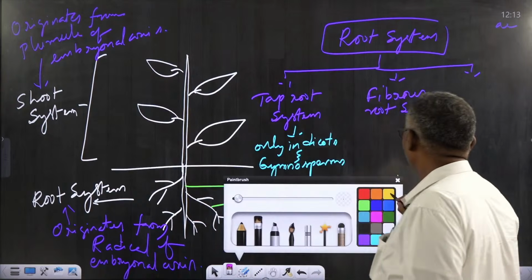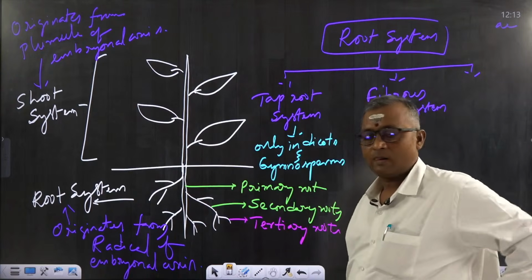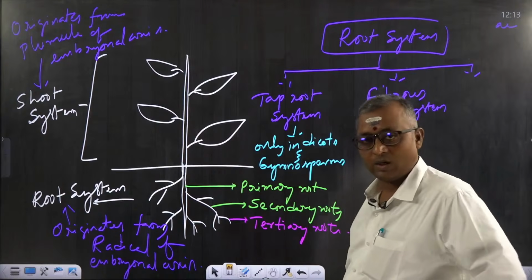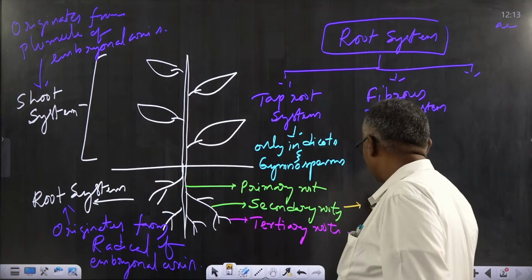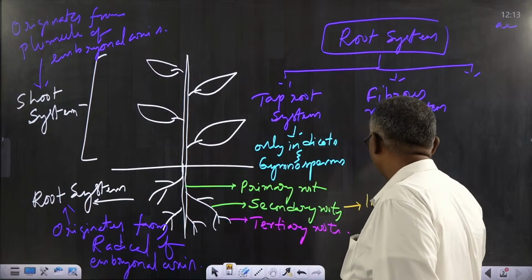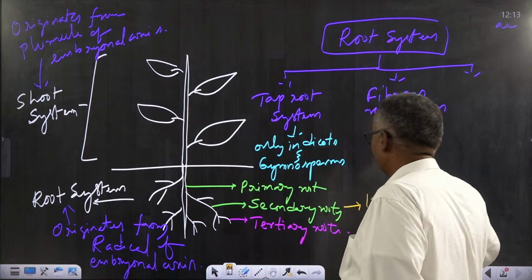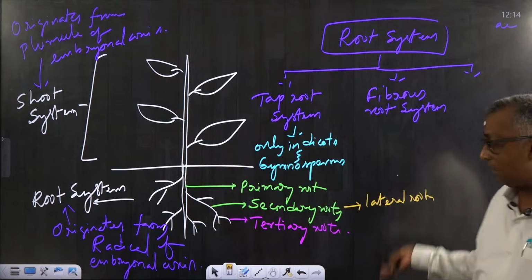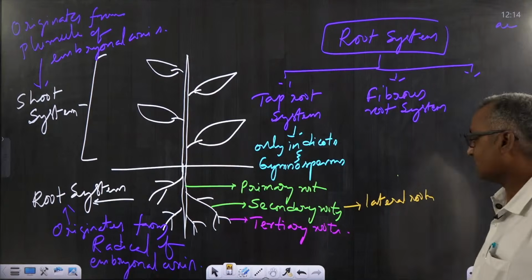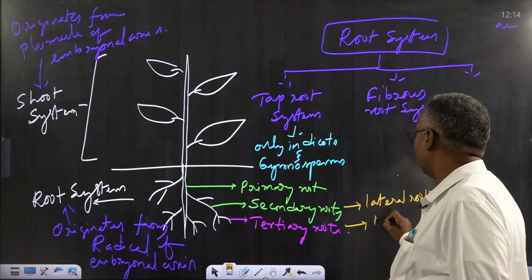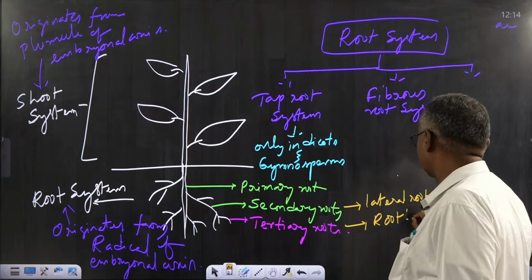The primary root forms branches called secondary roots, which you can call lateral roots, and these lateral roots again give branches called tertiary roots. Simply, we can call them rootlets.